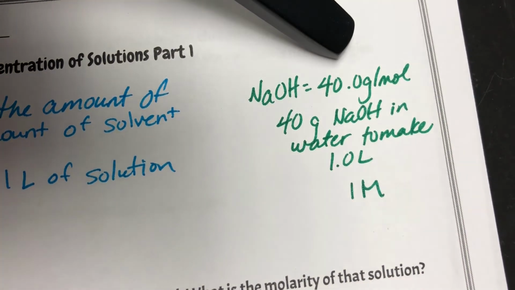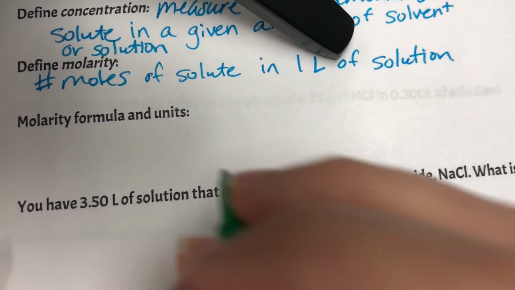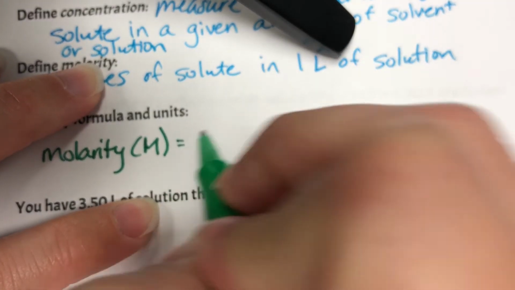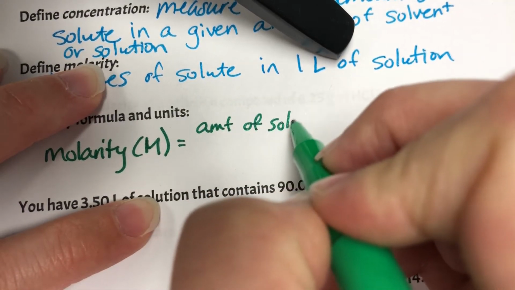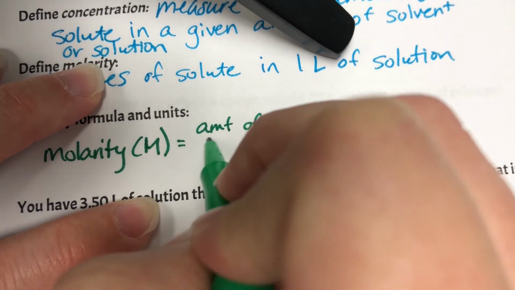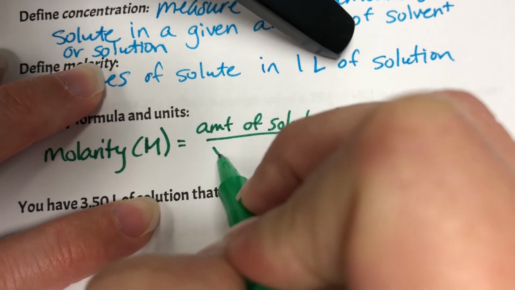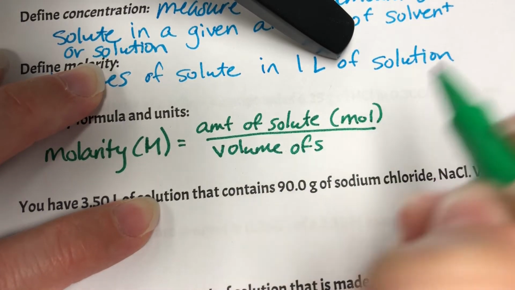Okay, so the molarity formula and the units is the next thing. Molarity, which we symbolize with a capital M, is equal to your amount of solute, and that's in the number of moles, per volume of solution.